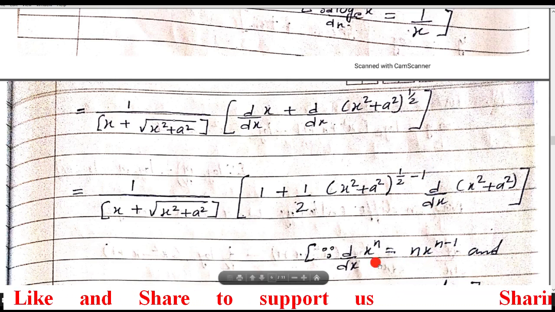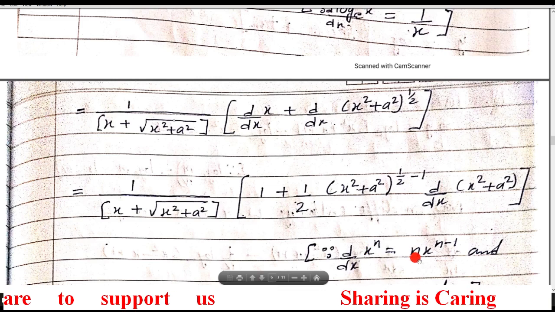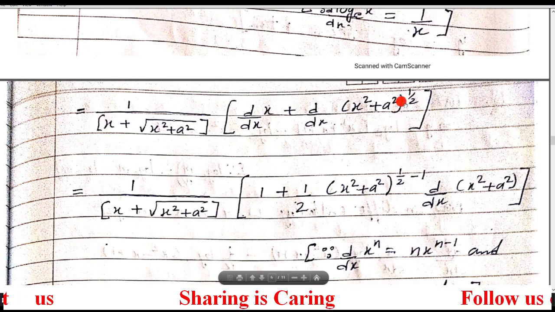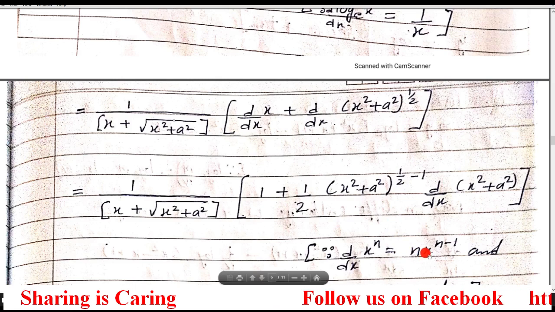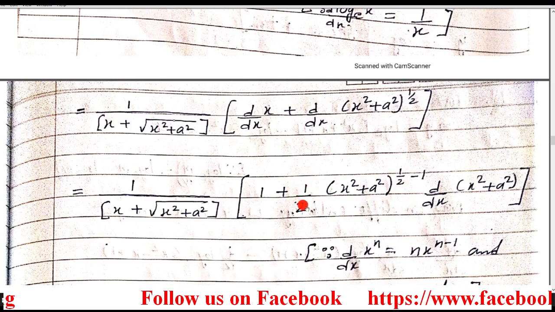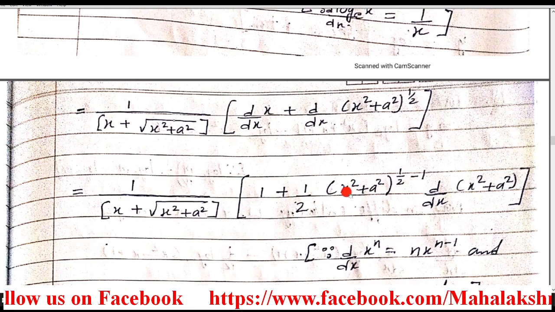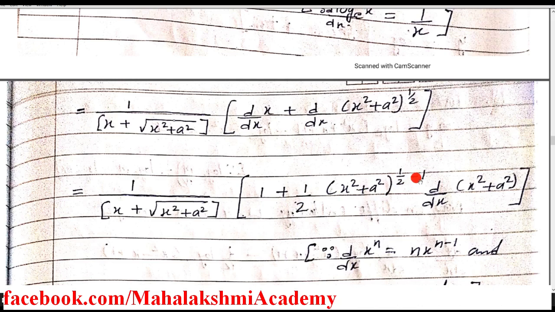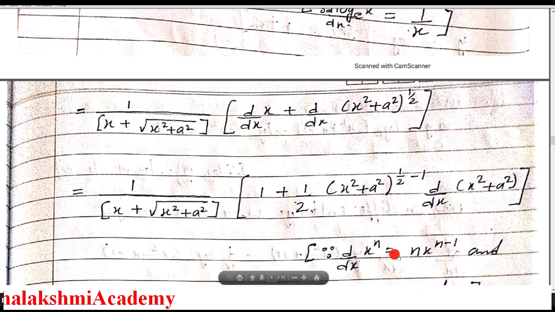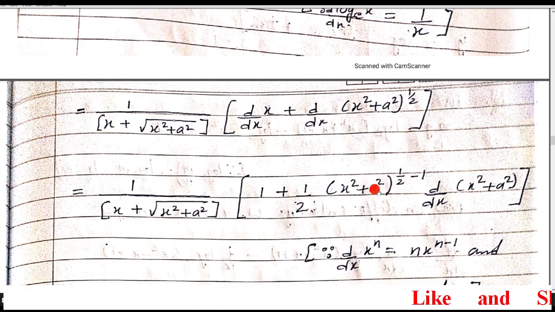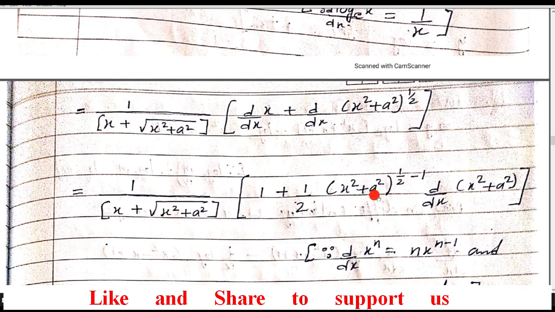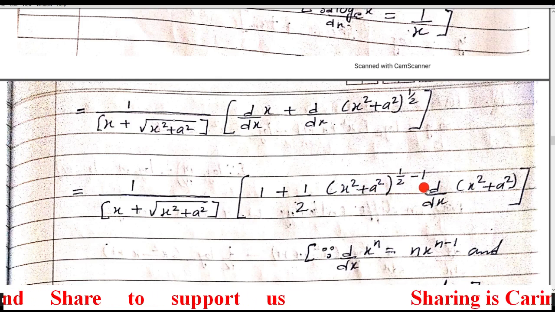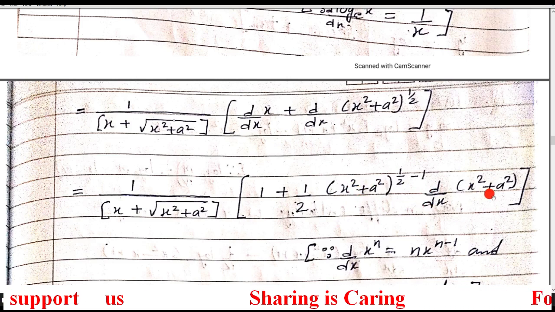The formula of differentiation of x to the power n is n x to the power n minus 1. So 1 upon 2 will come here, that is n, then the complete term we assumed as x, then the power n minus 1. But it's not only x, that's why we have to differentiate it again by the chain rule. That's why the derivative came with x square and a square.